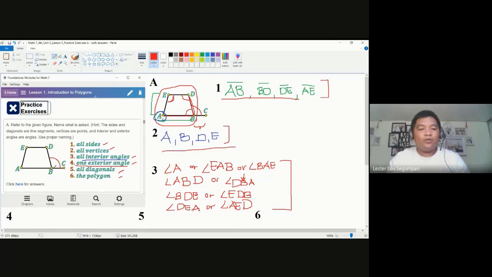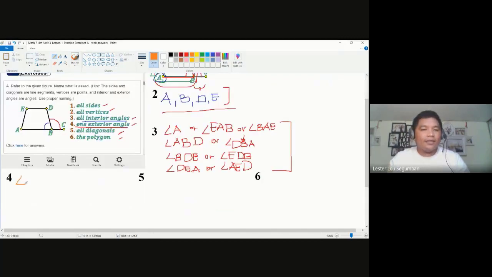And since we have used three points earlier to determine this interior angle here, to differentiate the exterior angle for number 4, we are also going to use three different points, and that would be this angle, DBC, or angle CBD, this here.